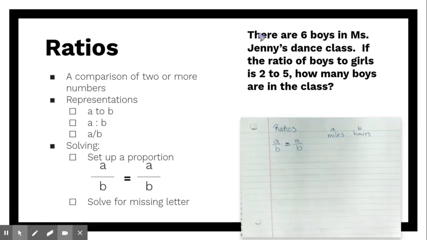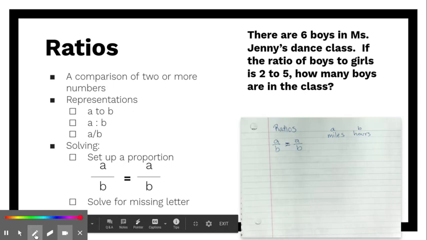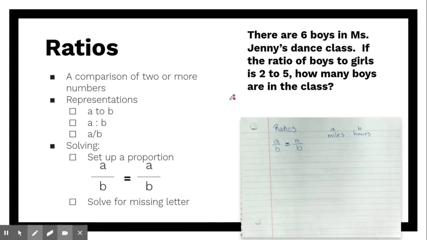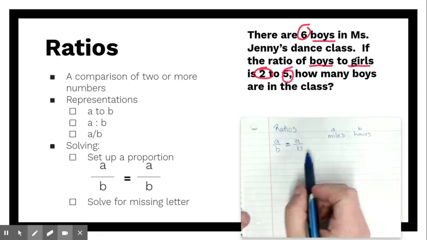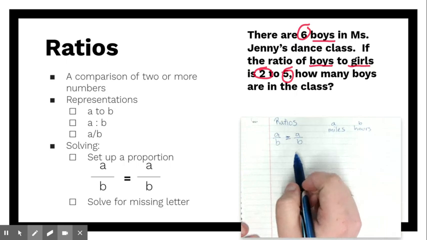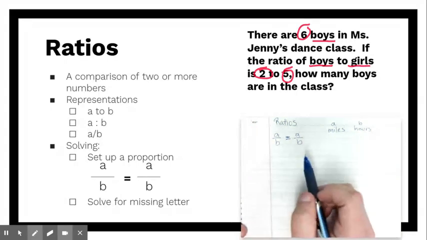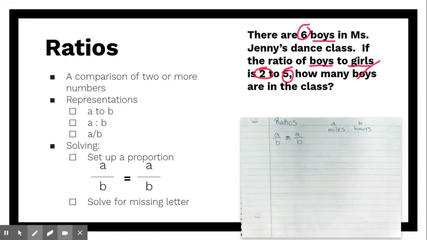So let's look at this. It says there are 6 boys in Miss Jenny's dance class. If the ratio of boys to girls is 2 to 5, how many girls are in the class? So I'm going to circle this 6 boys.